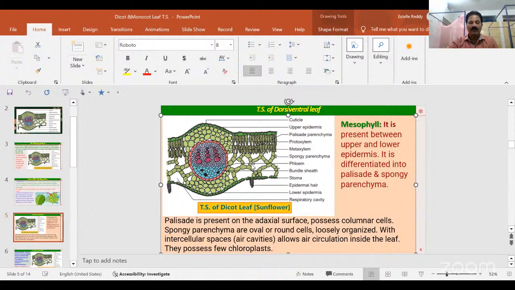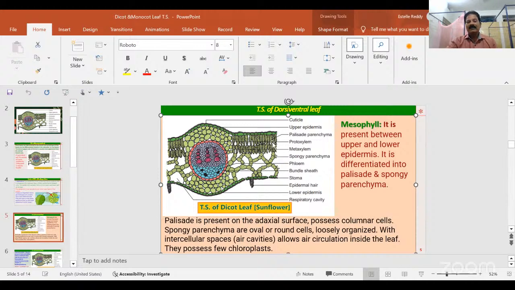Towards the upper epidermis, the mesophyll is made up of palisade tissue, and towards the lower epidermis, spongy tissue. That means the mesophyll is differentiated into palisade and spongy tissues in the dicot leaf. That's why the dicot leaf is named a dorsiventral leaf.